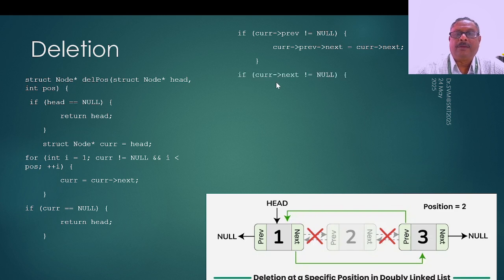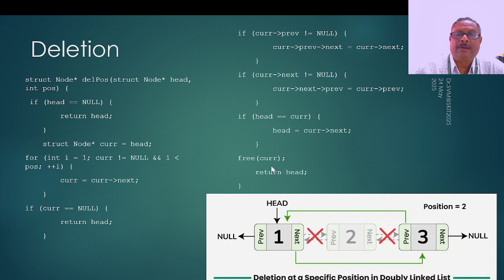And if current's next is not null, that means this is not the last node, then we need to make this connection: current's next's previous is current's previous. And if the head is current, then head will be current's next, because if you are trying to remove this itself, then this should become head. Then free the current and return the head.